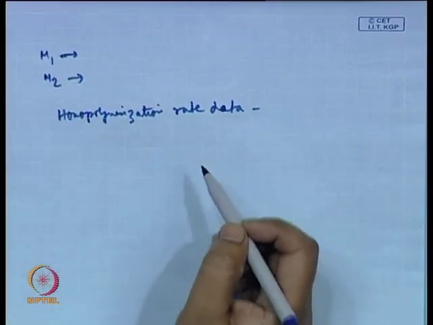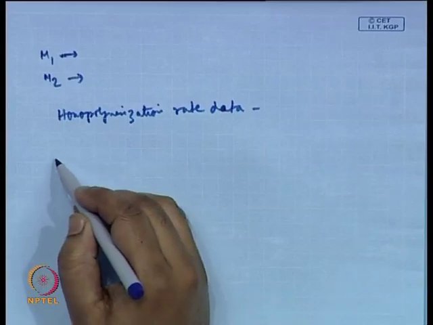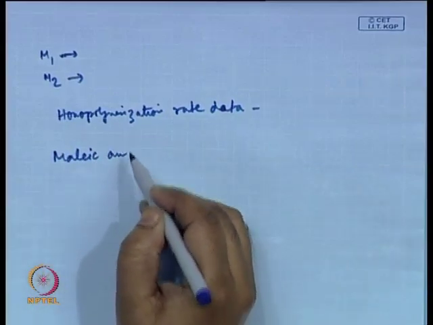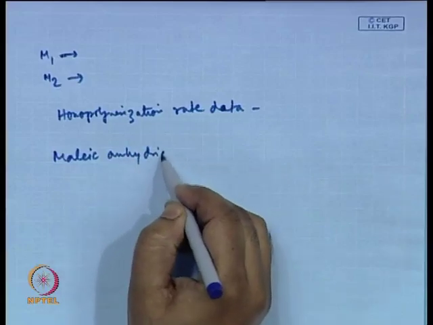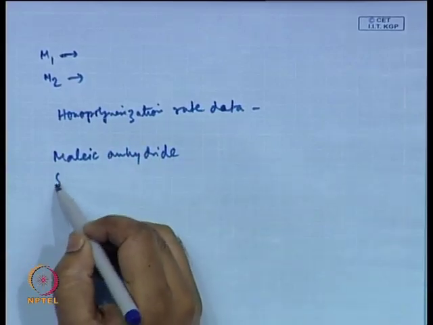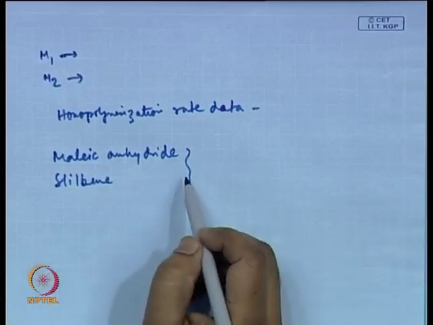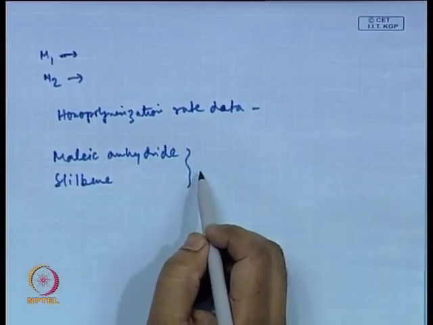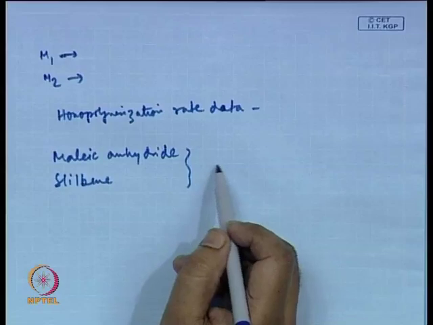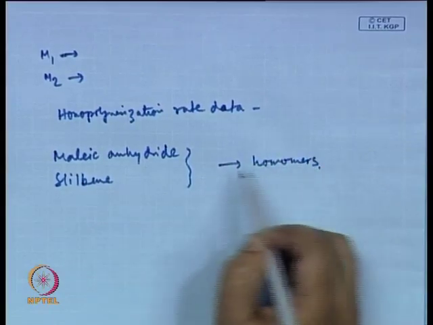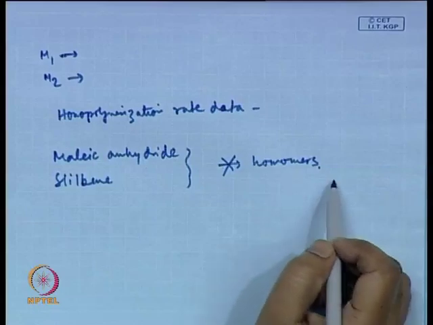For example, consider maleic anhydride or stilbene, we talked about these molecules during our discussion on radical polymerization. Now, these monomers actually do not undergo homopolymerization by itself.